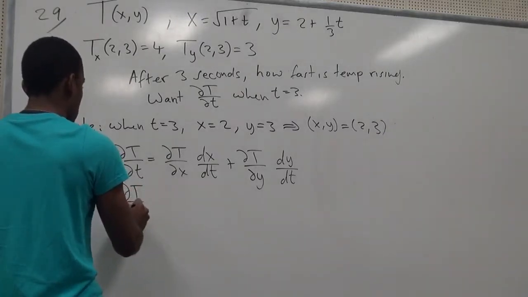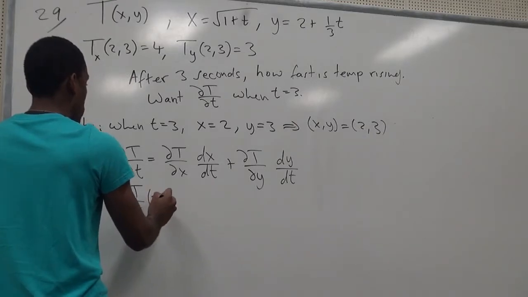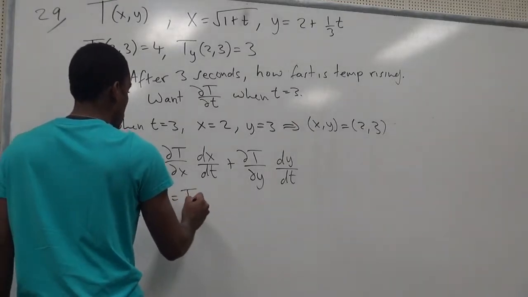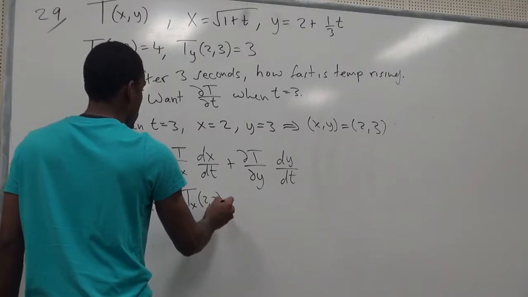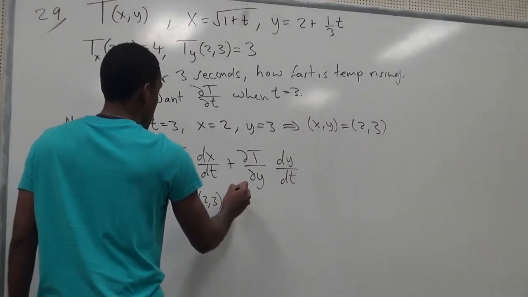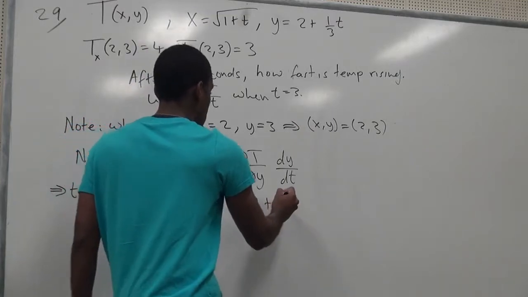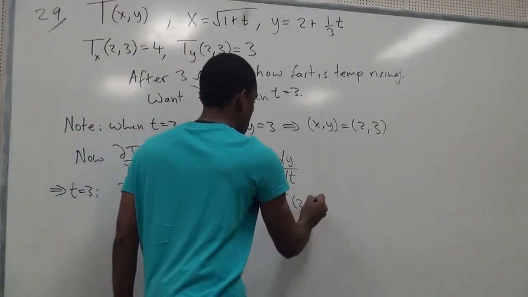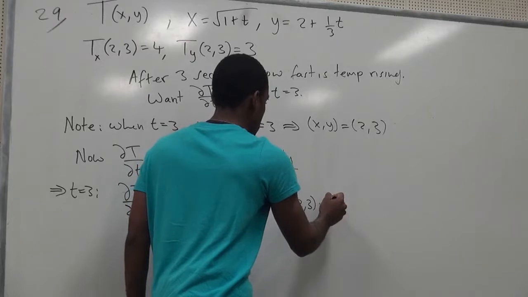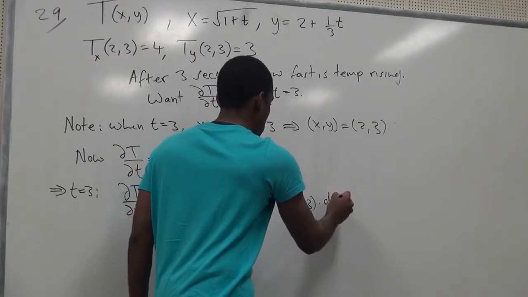The derivative at the point (2, 3) should equal T_x(2,3) times dx/dt at 3, plus T_y(2,3) times dy/dt.